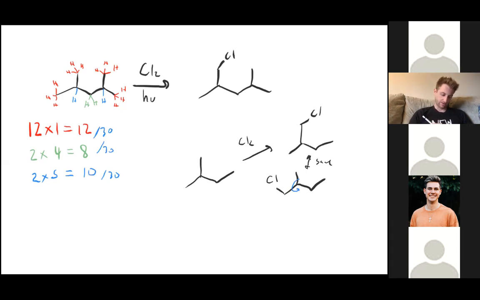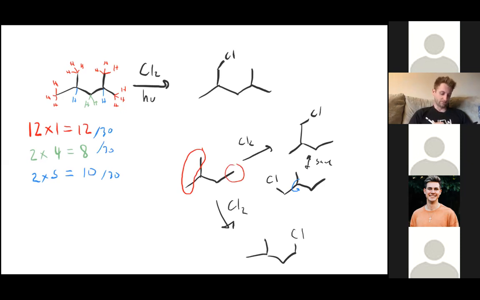If I chlorinate at the other position, this is a different molecule here. My connectivity is actually different on this one, which means that these are different primary centers. So these two primary centers get treated like they're the same. This one gets treated like it's by itself.